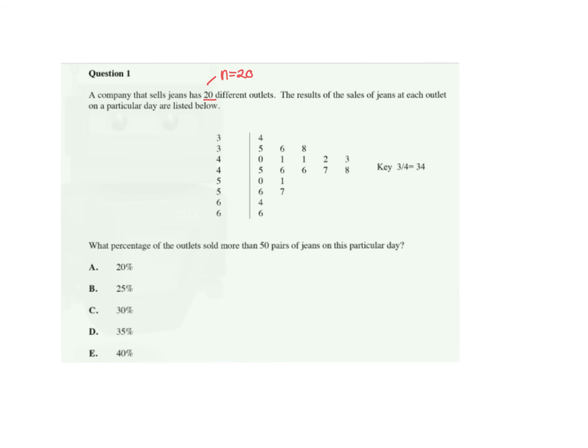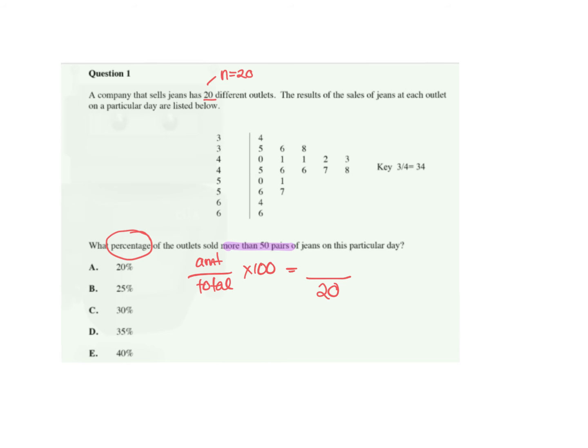What percentage of the outlets sold more? Remember, I want you to start circling when they say what percentage. As soon as you see that, write amount out of total times 100. What percentage of the outlets sold more than 50 pairs of jeans? There's a total of 20 outlets and we want more than 50.